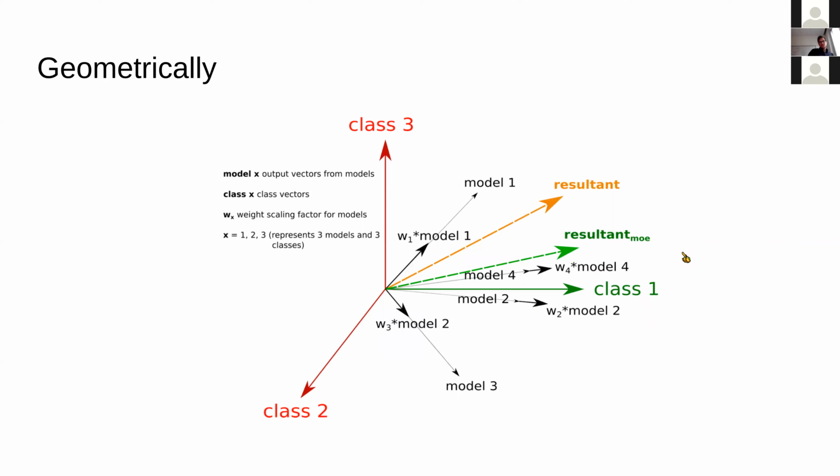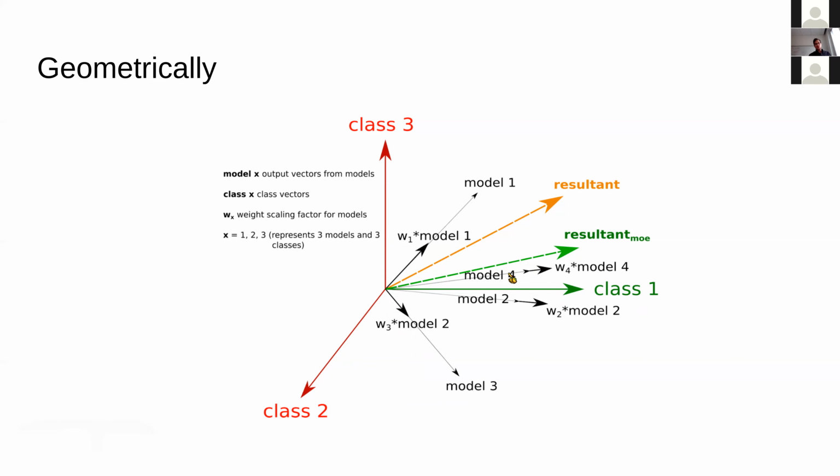Geometrically, this is actually an interesting interpretation, and I'll thank Banzish for this, because he motivated me to look into it from this perspective. Let's say that we have 3 classes in this example, and these are mutually orthogonal, because the softmax function will assign weight to one of them and suppress the other 2 in this 3-class classification problem. So the data will get clustered along one of these classes.